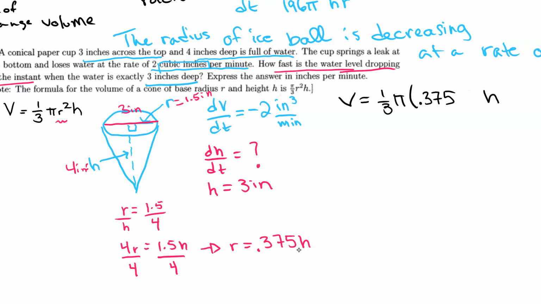Oh, I'm missing an h here. So when we do 0.375 squared, divided by 3, you're going to get 0.0469 pi, and then h squared times h is h cubed equals V. So now we've got just the two variables we want, V, the volume and the height.